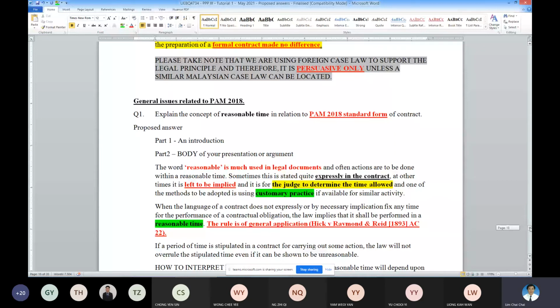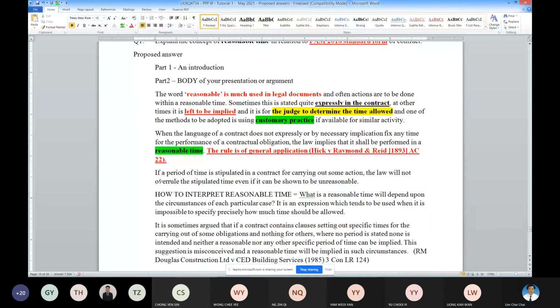So if the period of time is stipulated in the contract, then you don't have to argue. The law will not override the stipulated time, even if it is unreasonable. The judge won't disturb it. If we say reasonable time is defined as 3 days, then it's 3 days.